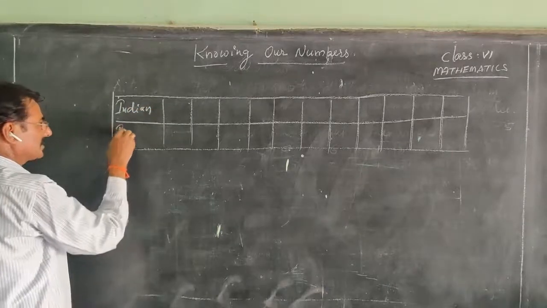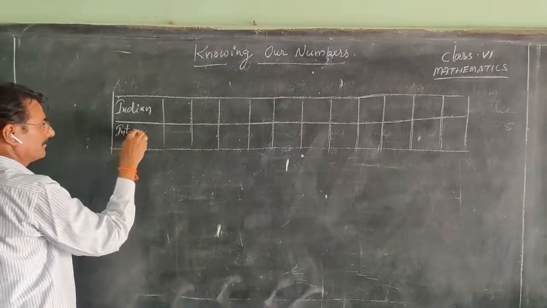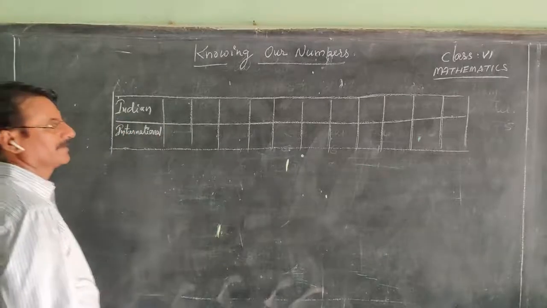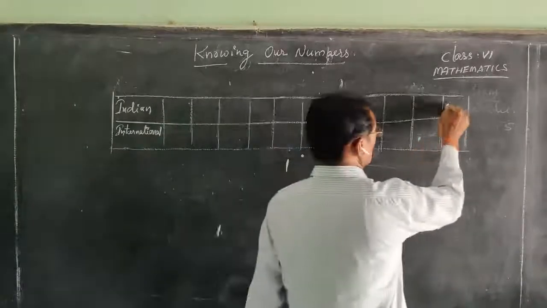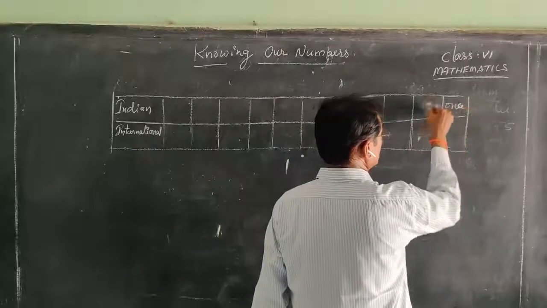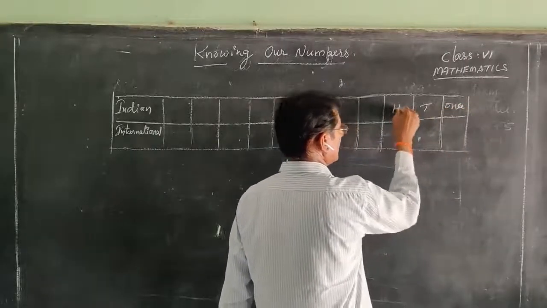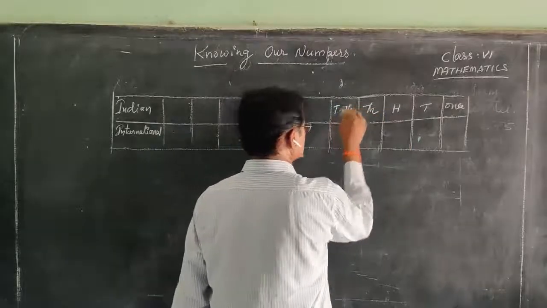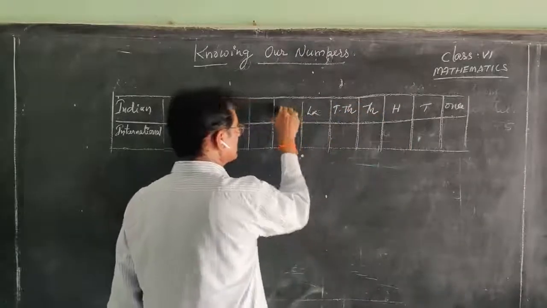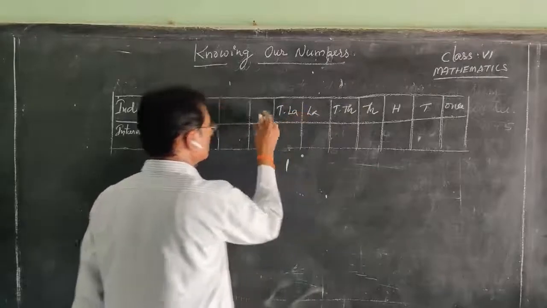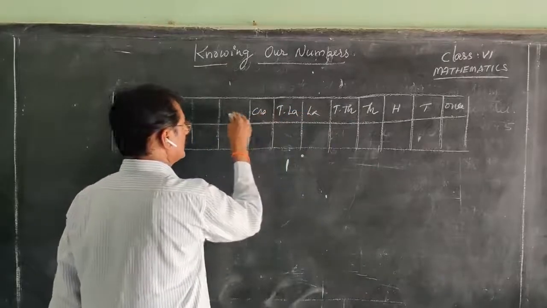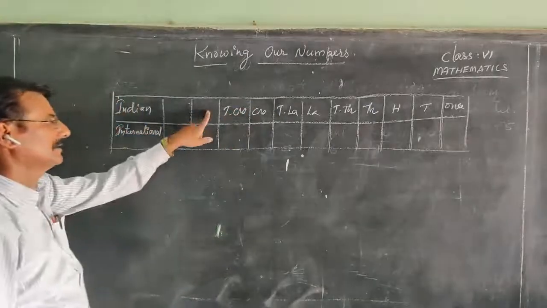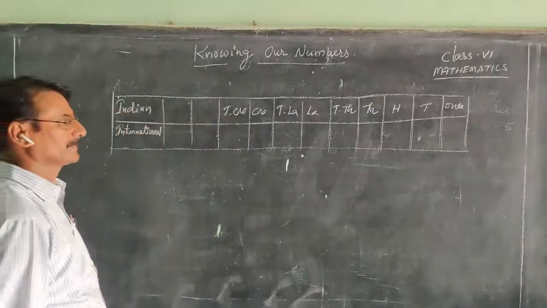Here is the Indian system: 1, 10, 100, 1,000, 10,000, lakh, 10 lakh, crore, 10 crore, like that, next 100 crore, 1,000 crore.